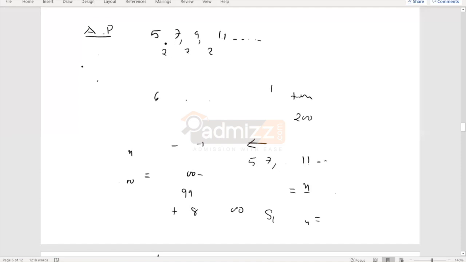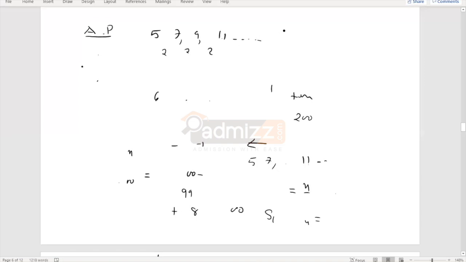You have to take the difference in this way, but not 5 minus 7, not 7 minus 9, not 9 minus 11. You take the later term minus the earlier term. If the difference is common, then the given sequence is in arithmetic progression.